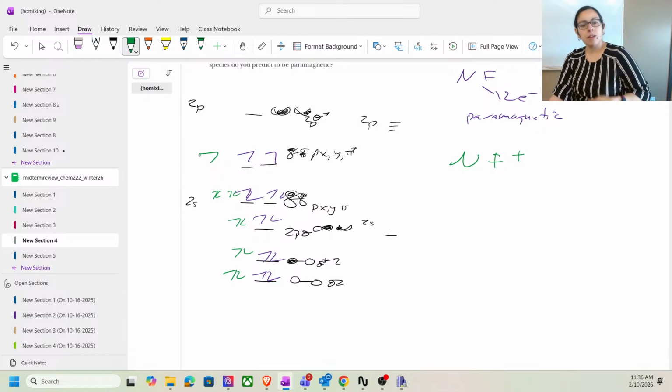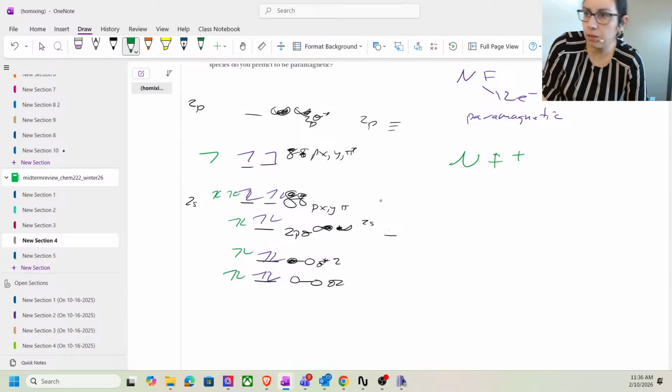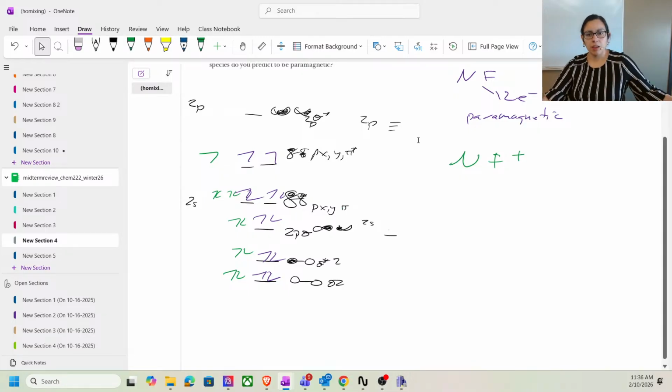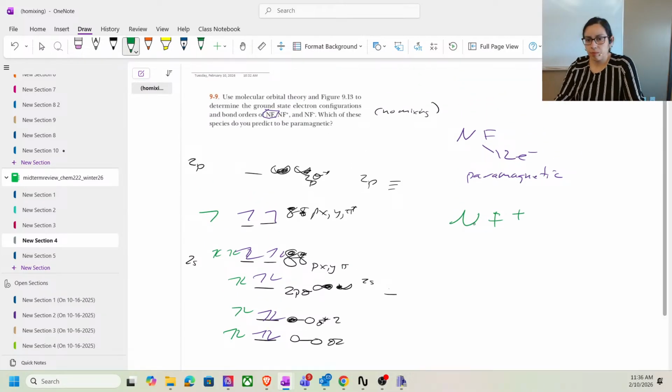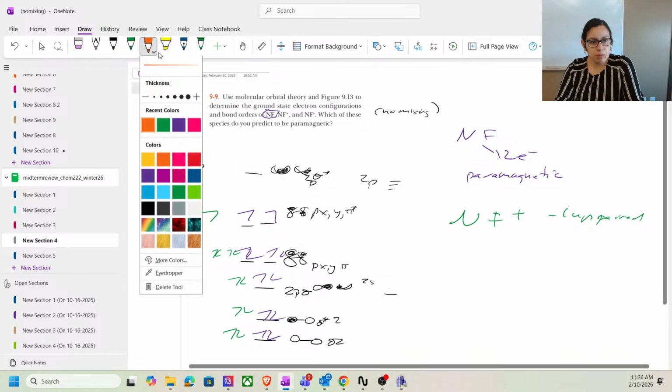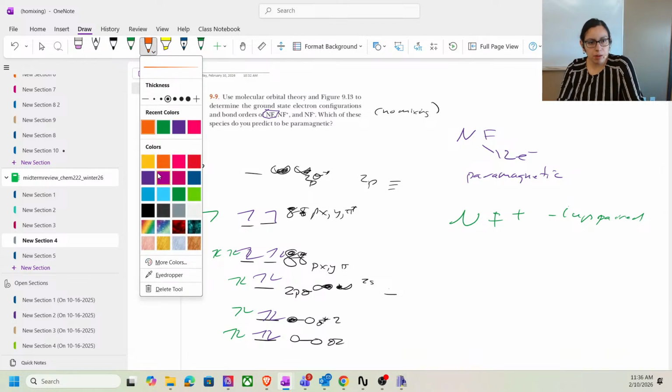So we still have an unpaired electron. It's just 1 versus 2. So now 1 unpaired. And then we could, of course, add another electron and still predict 1 unpaired electron.